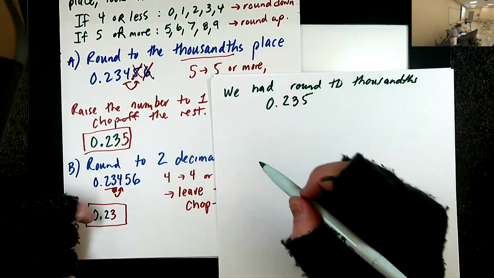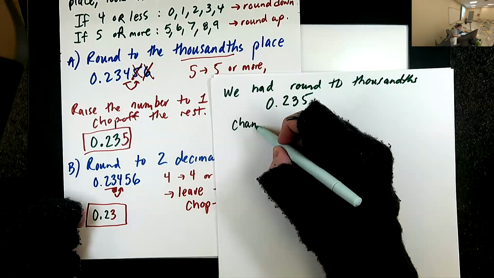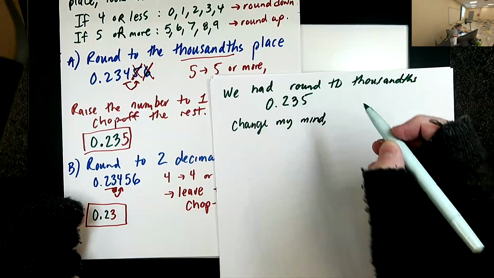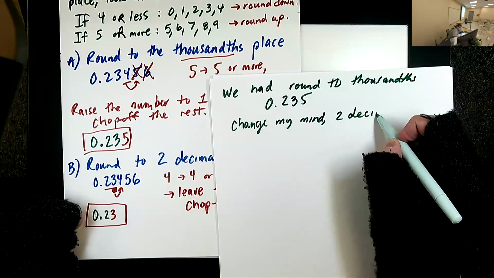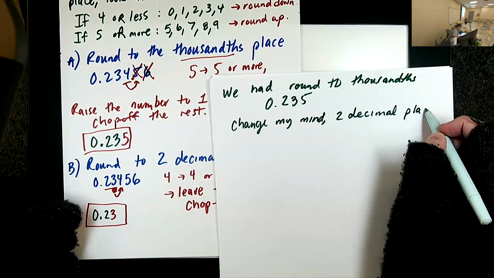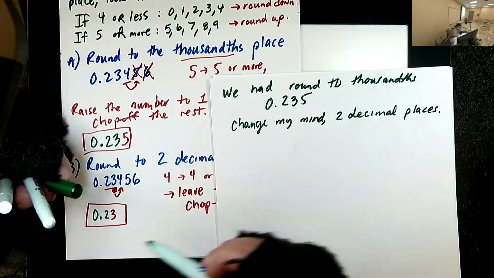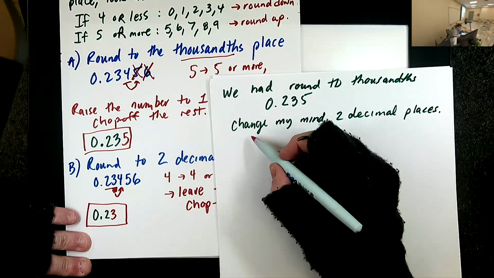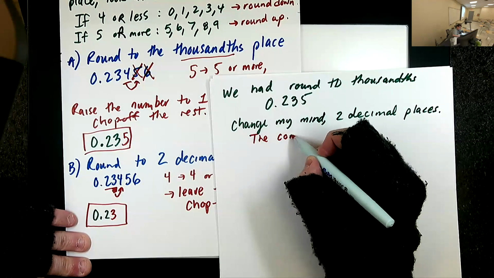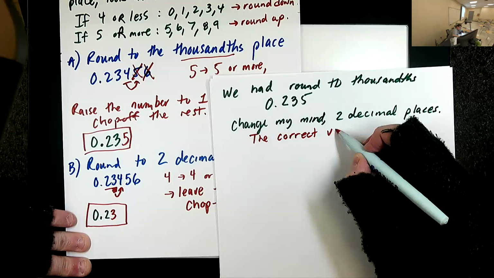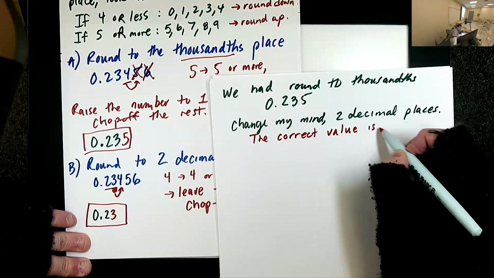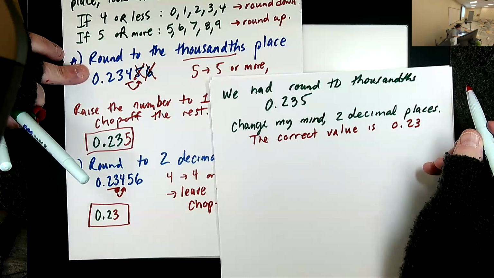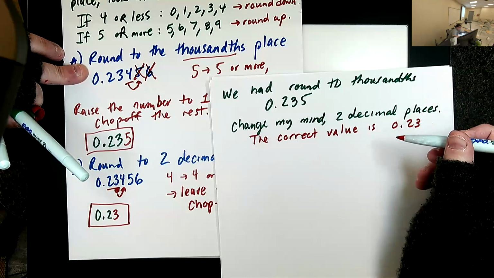And let's say I change my mind. I want 2 decimal places. I can see from over here, the correct answer or value is 0.23. From my original number, rounding to 2 decimal places, I get 0.23.